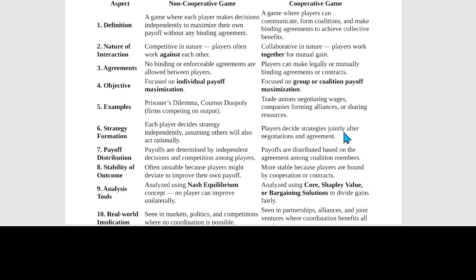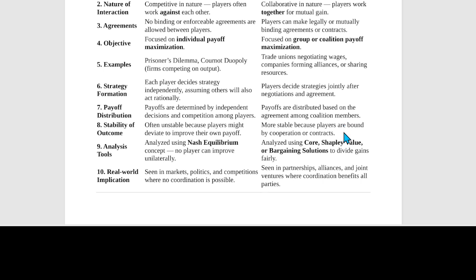Okay. Now, what kind of strategy formation do we have in non-cooperative games? Everyone plans secretly and separately. But what happens in cooperative games? Everyone sits and talks it out. हम क्या कर सकते हैं? What can we do to win more? Okay.